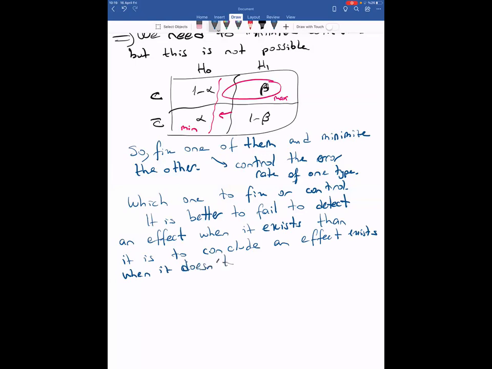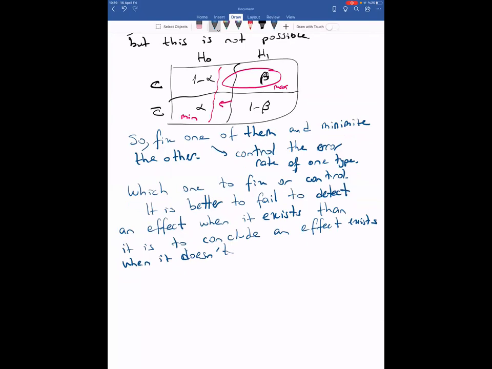Basically this says that failing to detect an effect when it exists is the type 2 error. But concluding an effect exists when it doesn't, so rejecting H0 when it is true, is the type 1 error, right?